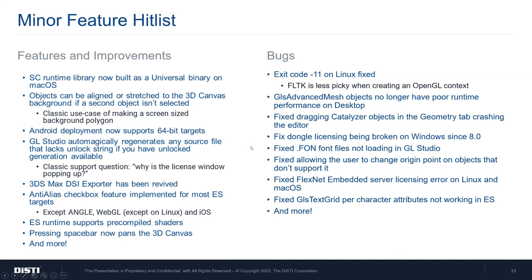Additionally, we have fixed the exit code -11 error, sometimes seen on Linux. This exit code was related to FLTK, and so now FLTK will be less picky when creating an OpenGL context. Do be sure to check out the full list of changes in GeoStudio 8.2 in the changelog on docs.disti.com.